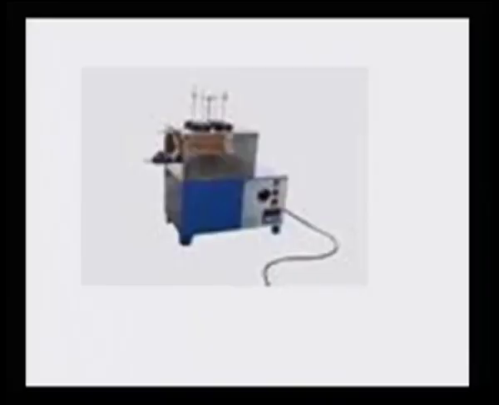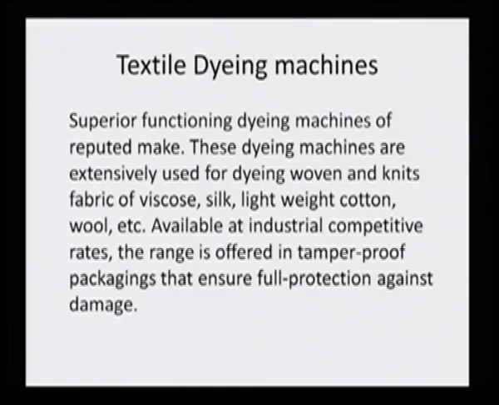So, here you will see that industrial dyeing machines are all made out of stainless steel, and this is how the model looks like. So, once you have seen this, let us proceed to the next dyeing machine, that is the textile dyeing machine. Superior functioning dyeing machines of reputed make come under the category of textile dyeing machines.